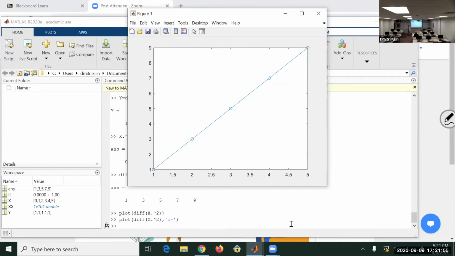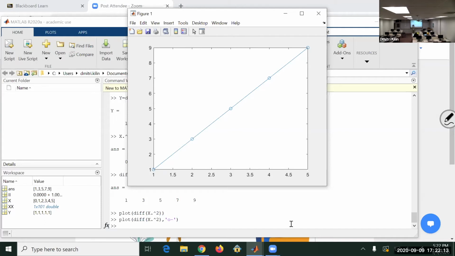So any observation? The quadratic function ramps up, it goes quicker and quicker. The curvature changes, right?